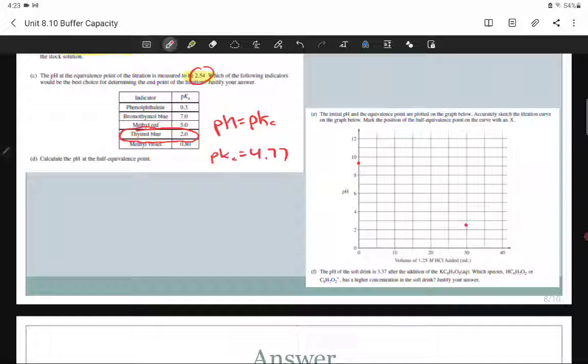Accurately sketch the titration curve on the graph below. Well, we have the equivalence, we have the halfway point. So if the equivalence point was 30 milliliters, the halfway point would be 15 milliliters, and then we know it has to be 4.77. So there's 5 there, so that has to be just a tad under that.